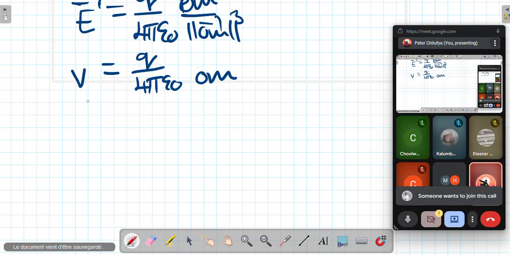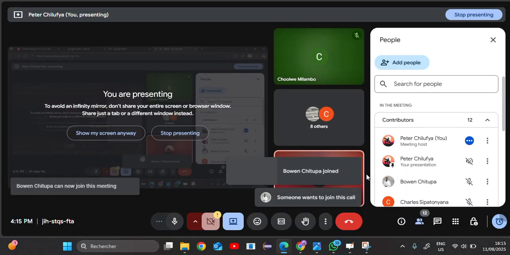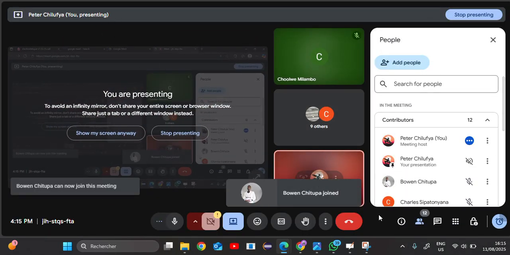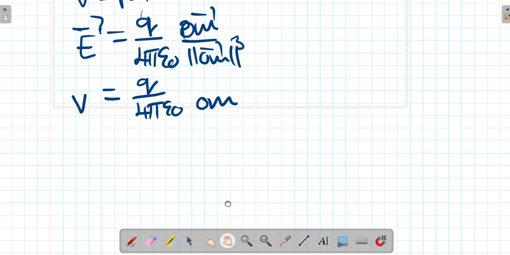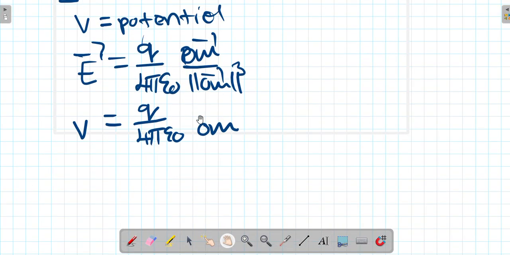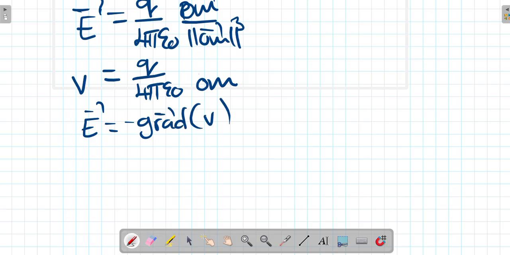Once you find your V using this formula, as you can see, these formulas are closely related. Once you find your V, then you can just apply E is equal to negative grad of V.